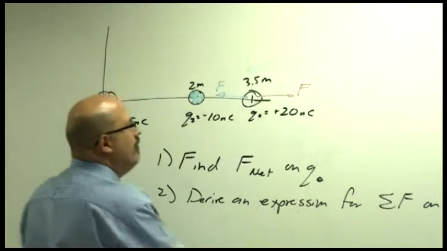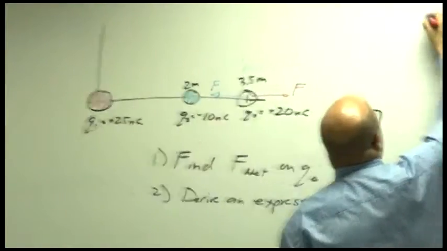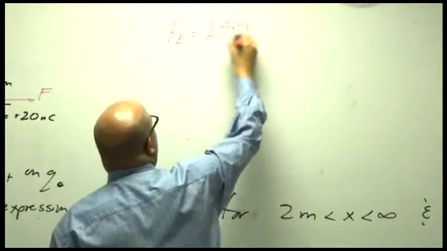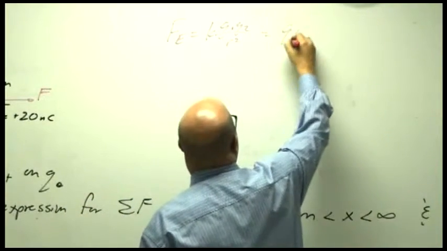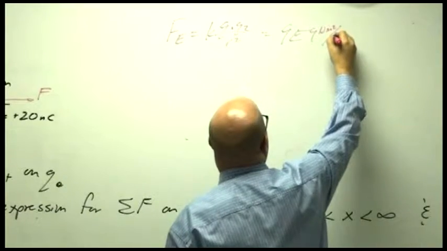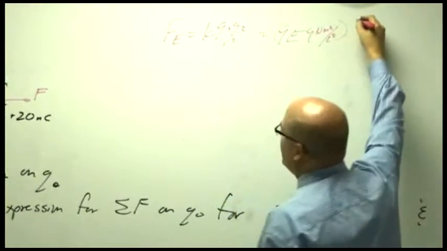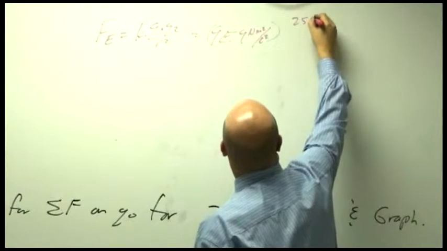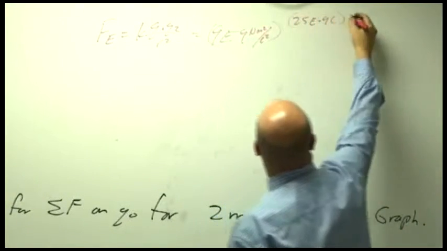You need to solve this equation twice. Q1, Q2 over R squared. Now we've got some number issues. 9 times 10 to the 9 with units, Newton meters squared per Coulomb squared. We've got Q1, which is 25 e to the negative 9th coulombs, nano.